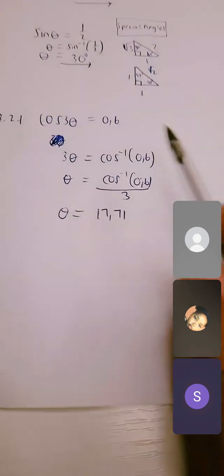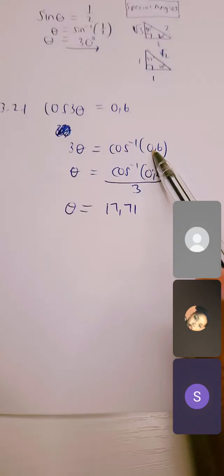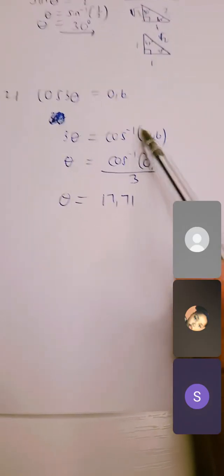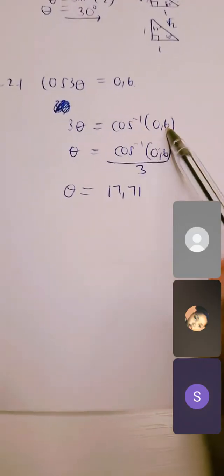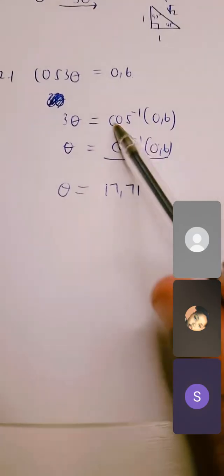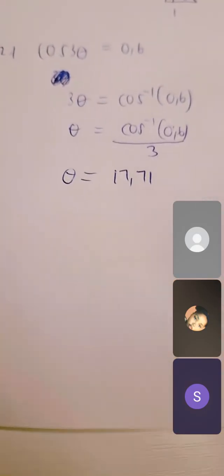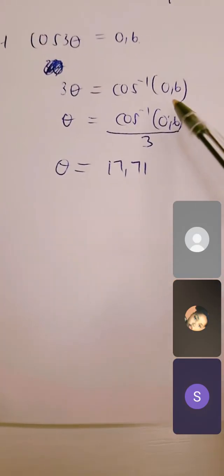So the initial value that you got, the inverse of cos or arc cos of 0.6 in your calculator, does it show many numbers after the comma, or does it terminate at a certain decimal place?